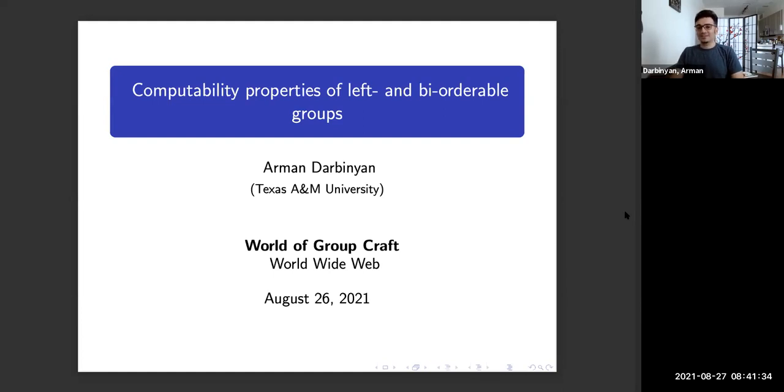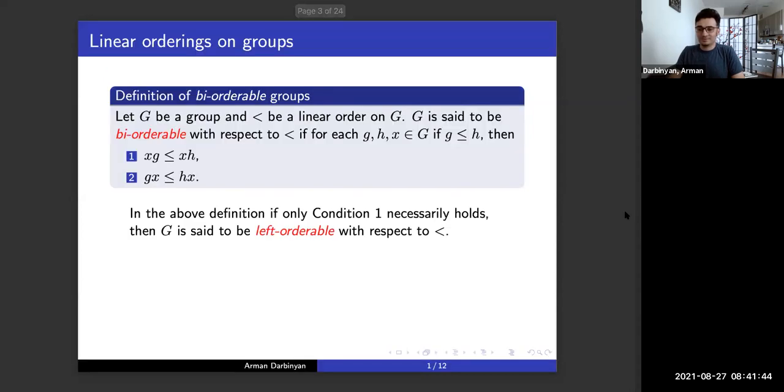Okay, so let's start. I would like to talk about computability properties of left and bi-orderable groups. And let me start from the basic definitions, which I believe most of you know.